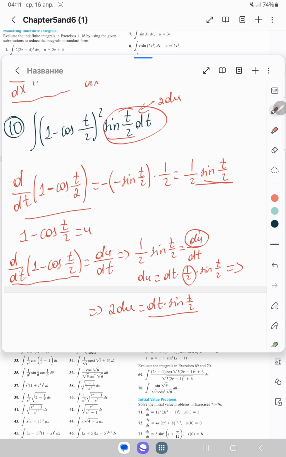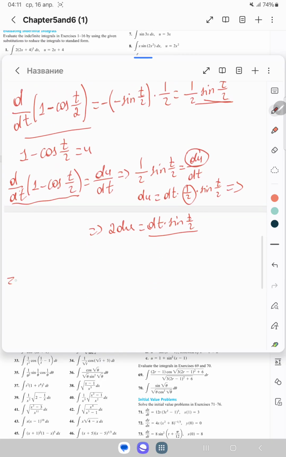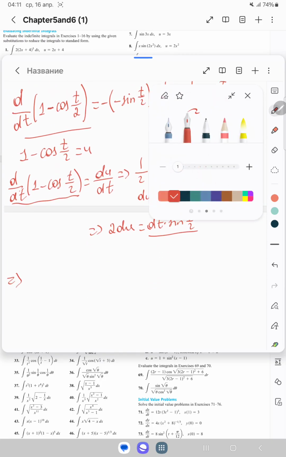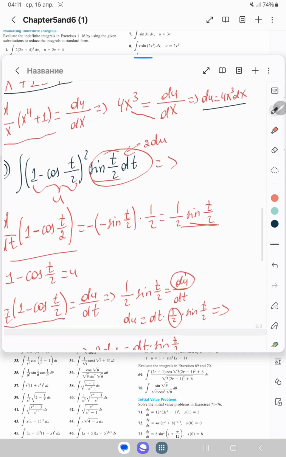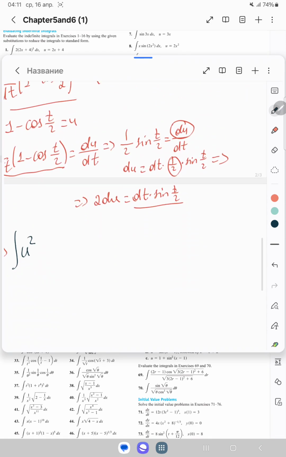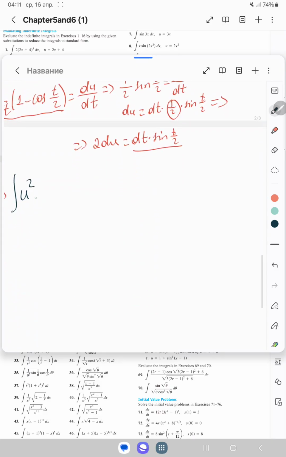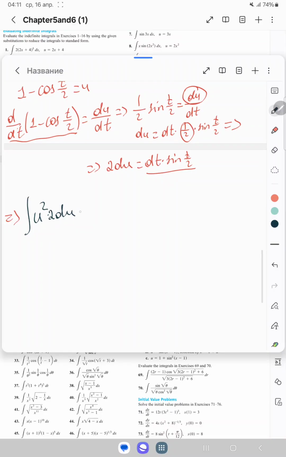Why not? We can do that. And instead of this, I will write u. So it becomes u squared times 2 du. Can we write something like this? Yes, of course we can.